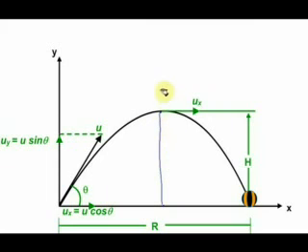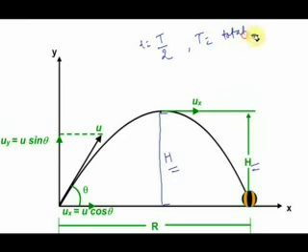The parabola is symmetrical about this line, and this is the maximum height, which we'll denote by capital H. So from the symmetry of the figure, it is clear that the maximum height will occur at time t is equal to capital T by 2, where capital T is total time of flight.